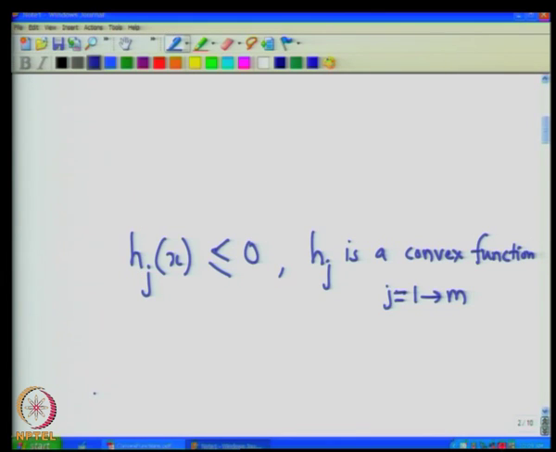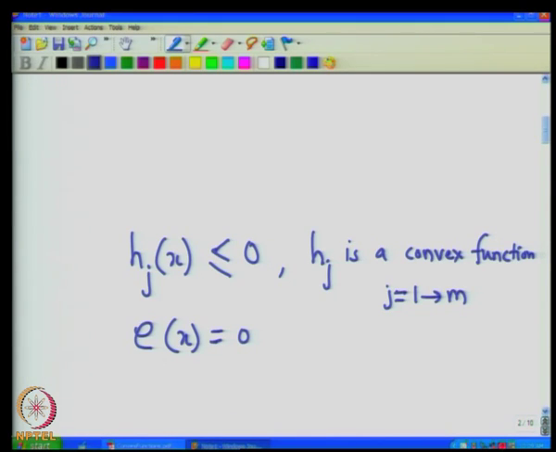Now, in addition to this, suppose we have a set of equalities. So, let us call them that E(x) equal to 0 is another type of set. Let us just consider the set of the type x, where x belongs to the domain such that E(x) equal to 0.